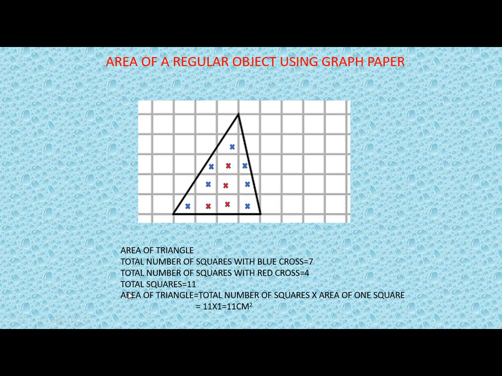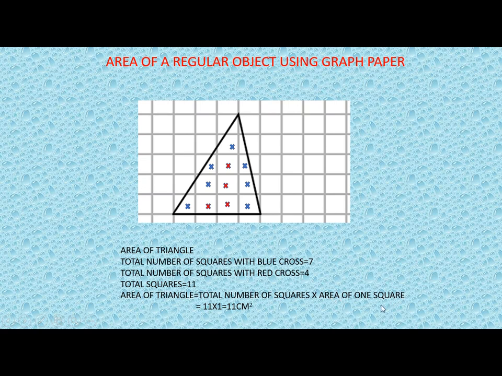Now here we have the formula. You first find the total number of squares with blue cross and the total number of squares with red cross. With blue cross we have 7, and squares with red cross there are 4. So the total squares covered are 11, and the area of the triangle will be the total number of squares into the area of one square.